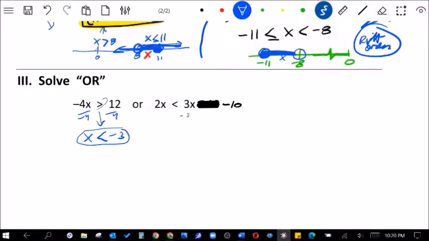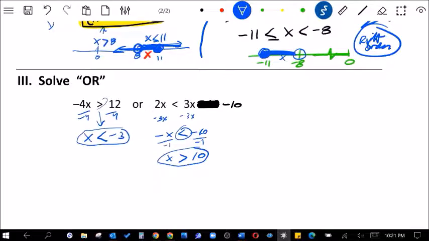So I'm going to subtract the 3x, and I get negative x less than negative 10. We can't just take away the negatives. We actually have to divide by a negative number. So here I get x, but then this changes to greater than 10.